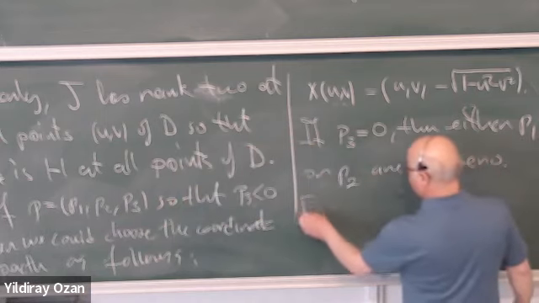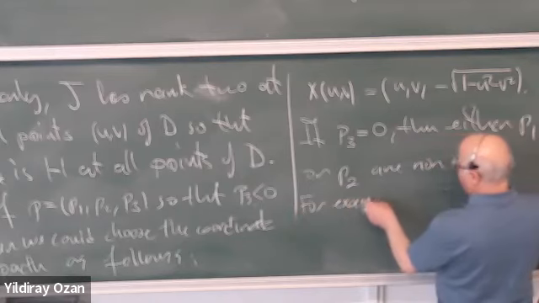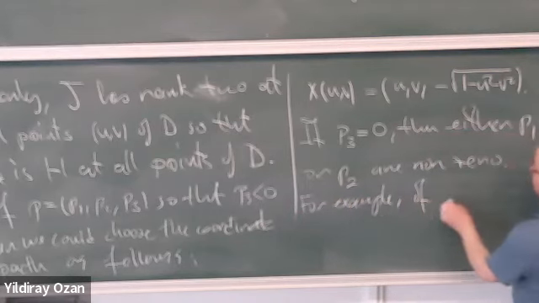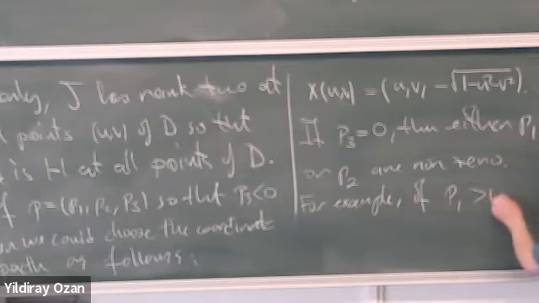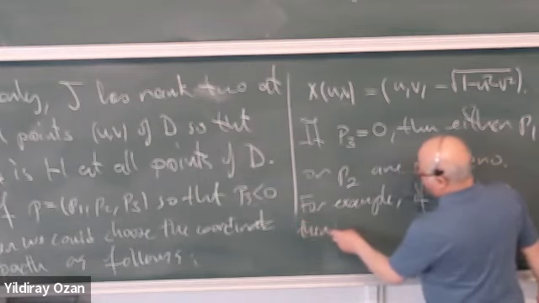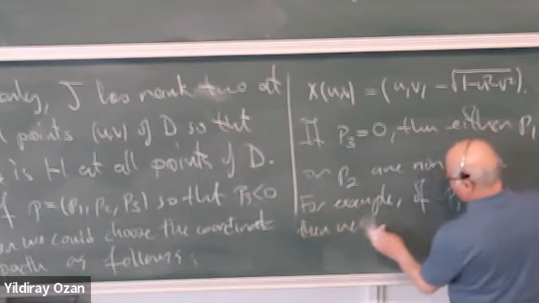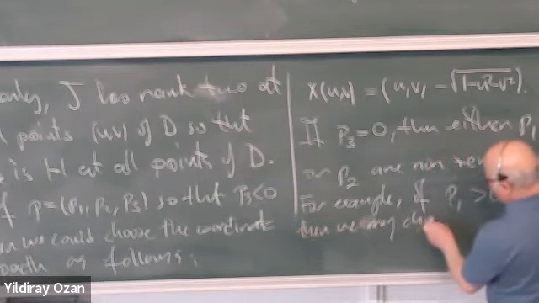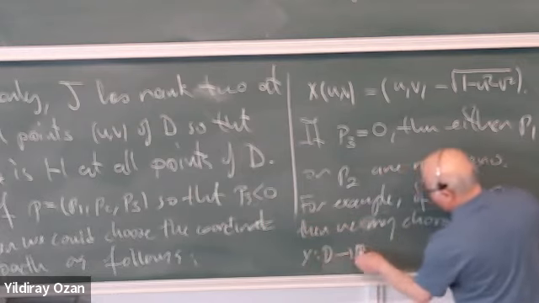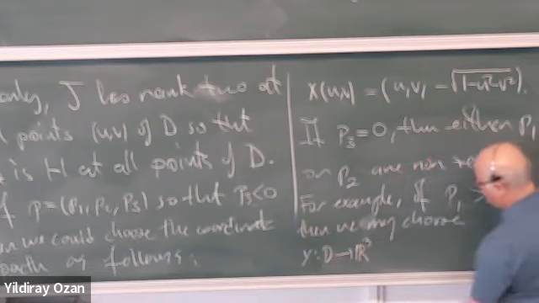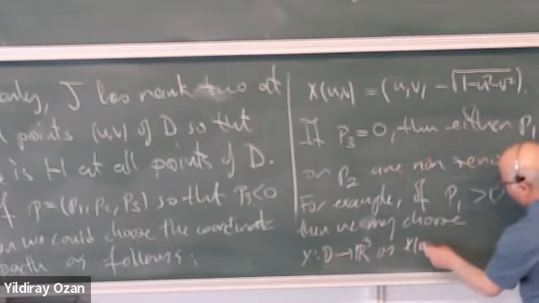For example, if, let's say, P1 is not 0 and suppose it is positive, then we may choose X from D into R3 as follows, as X of UV.